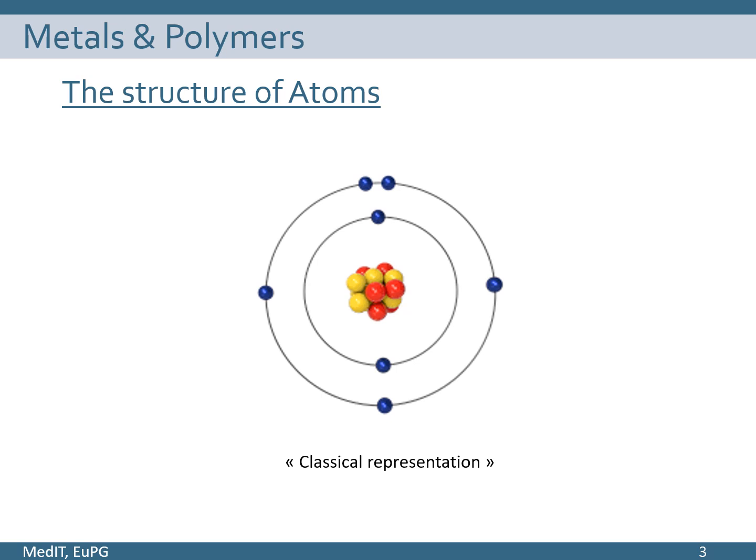Okay, but from the beginning, physicists knew that this model cannot be a correct representation of atoms, and this for two main reasons. In this model, you can see that the atom is depicted like a miniature solar system. You have electrons that orbit around the nucleus like planets orbit around the sun.